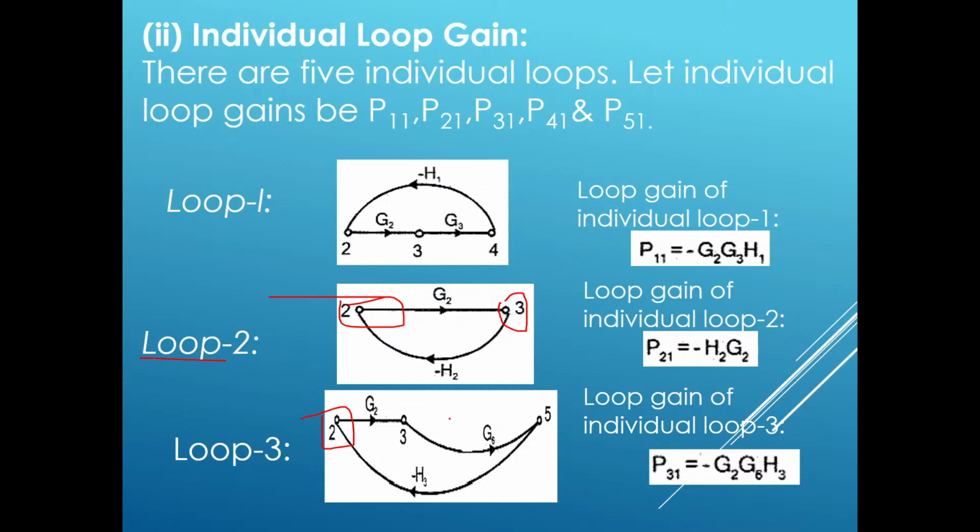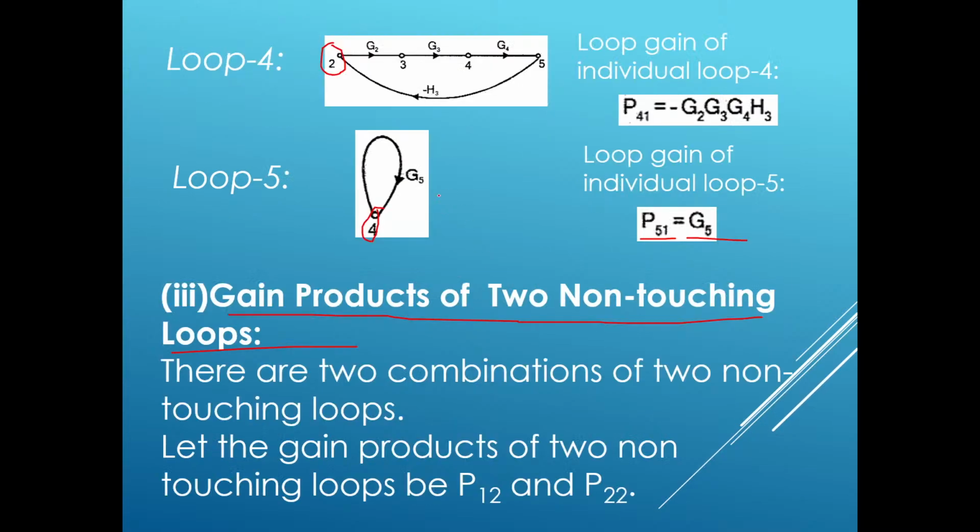So I can say loop 2 and loop 5 are non-touching loops. There is no 4 here, isn't it? They are one combination of non-touching loops.